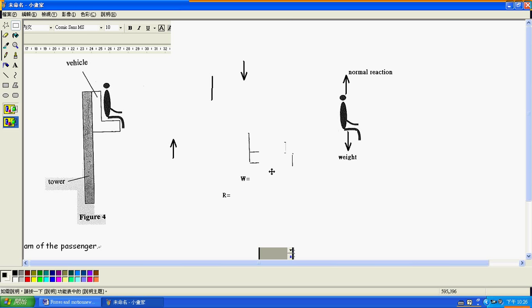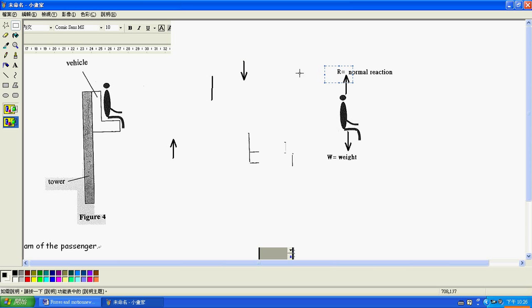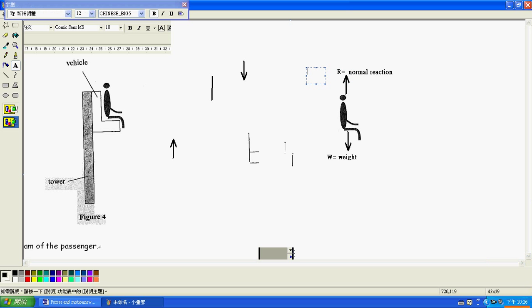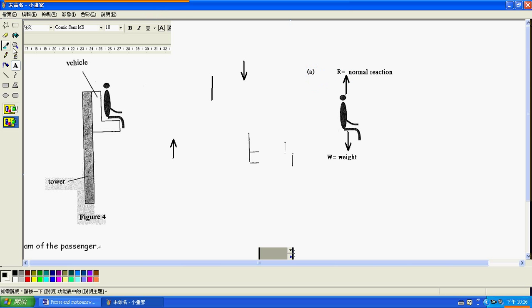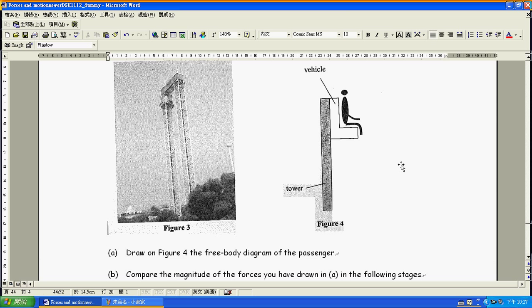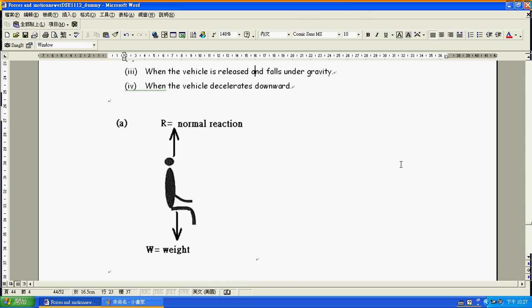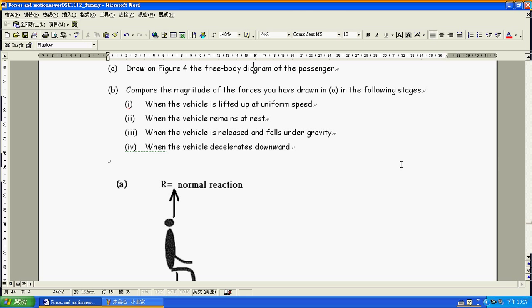So W is mg, and R is the normal reaction. So this is part A of the question. So this is the free body diagram.